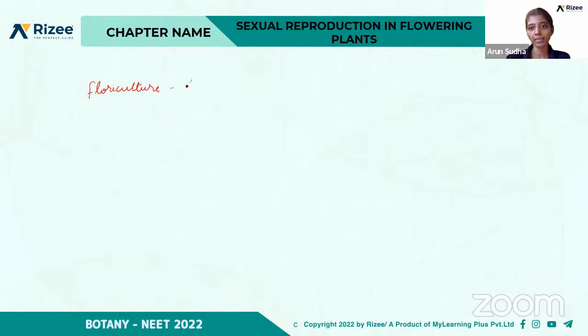Floriculture is the science of breeding and arrangement of flowers. Okay, it is called floriculture.